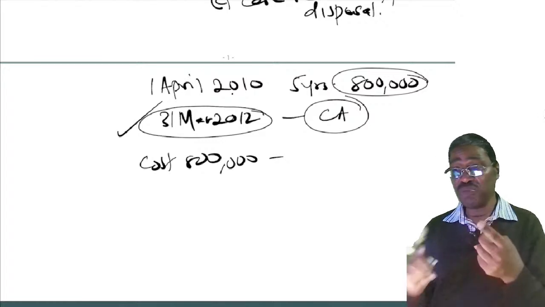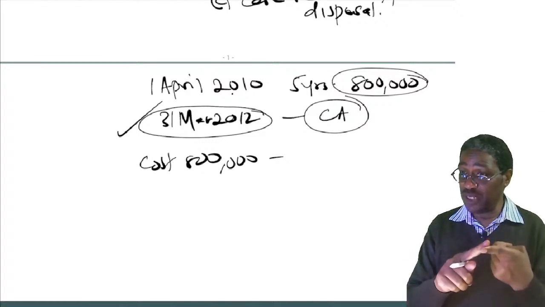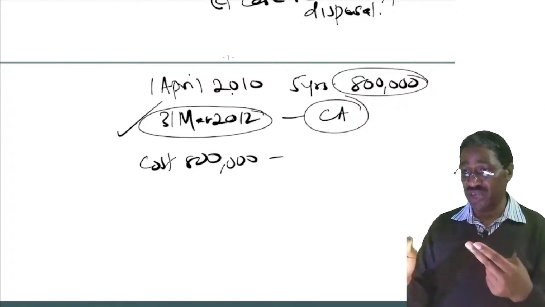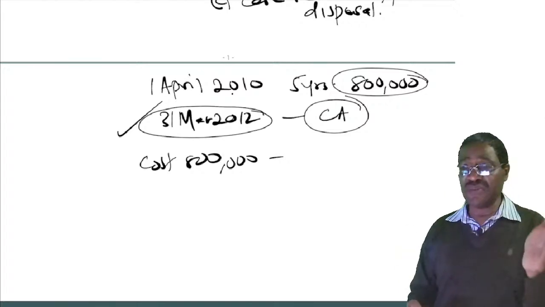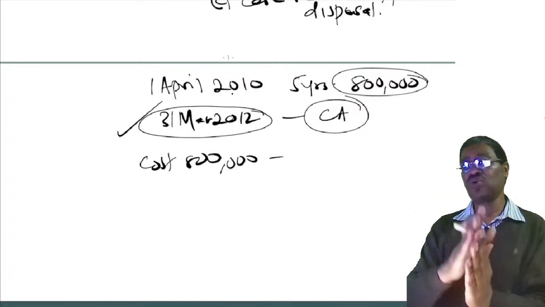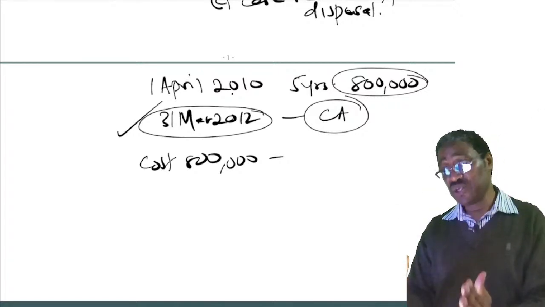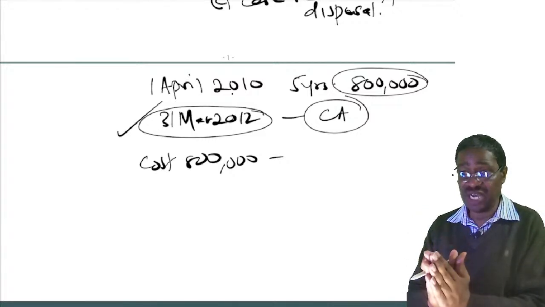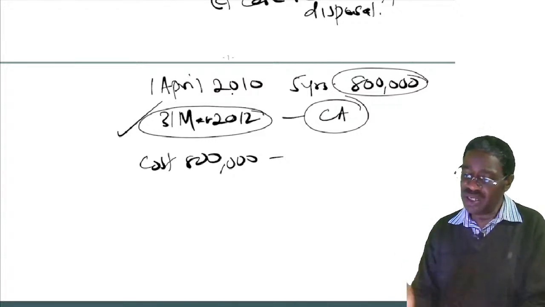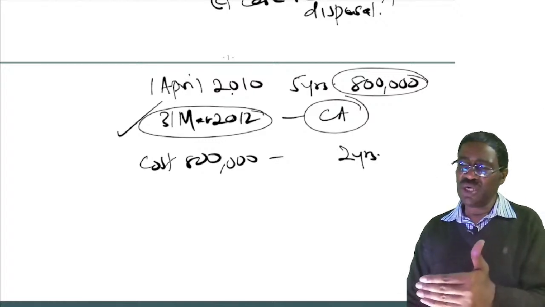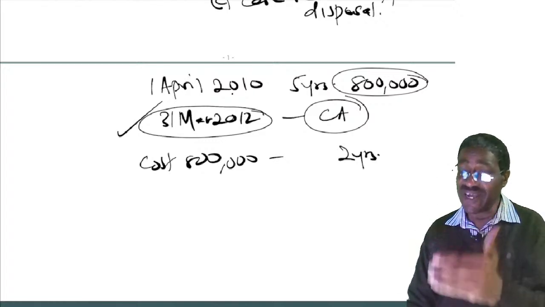We bought it in April 2010. This question is for the year ending 31st March every year. So the first year went on until 31st March 2011, and the second year until 31st March 2012. That's the time we tested. Having used the asset for 2 years, that's why they gave you the future cash flows for the next 3 years.